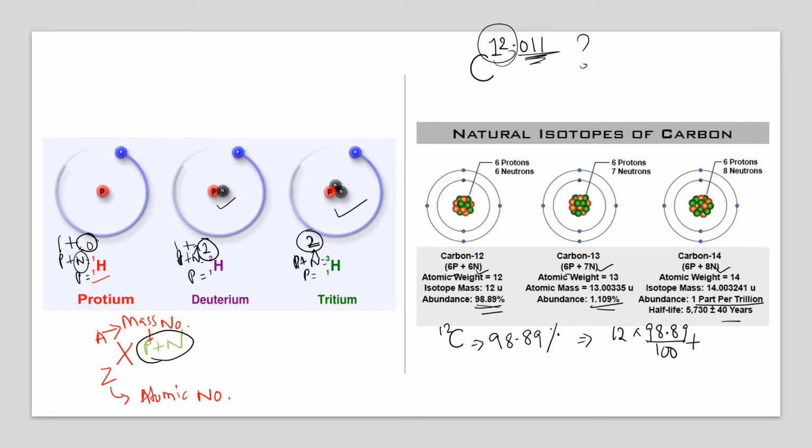So the abundance is 1.109 into 13 divided by 100. And we have to consider this also. When we calculate this sum, we get approximately 12.011. And that is why the combined mass of this carbon is given as 12.011, and that is why whenever we see the periodic table, we see such decimal places.